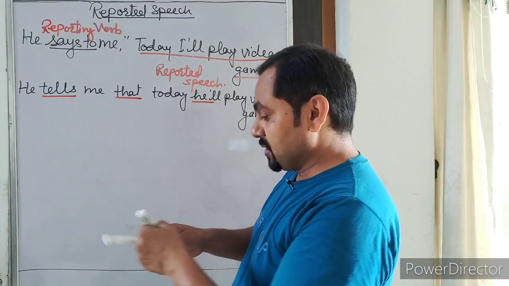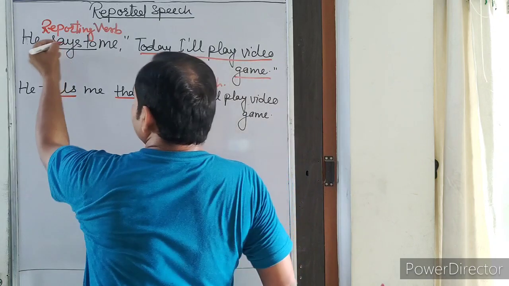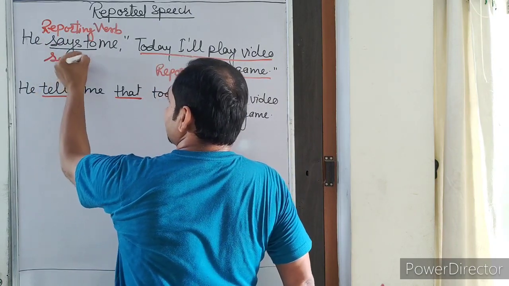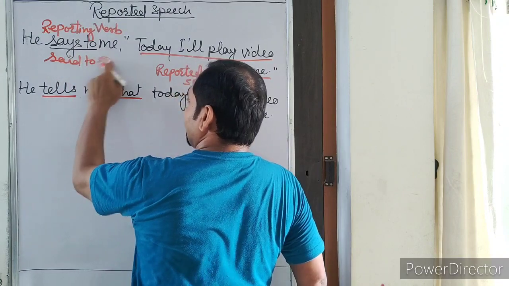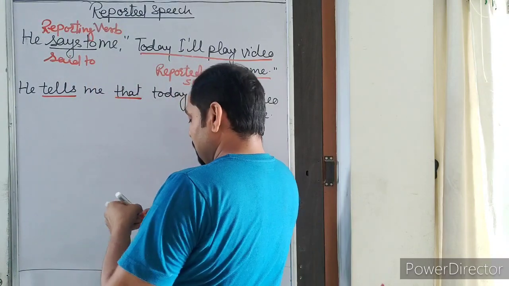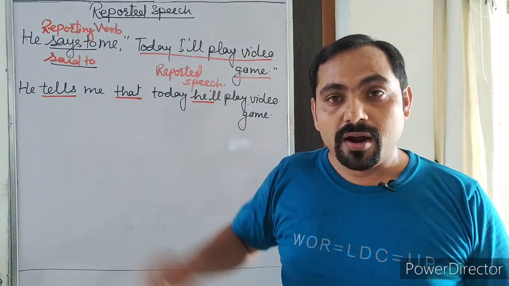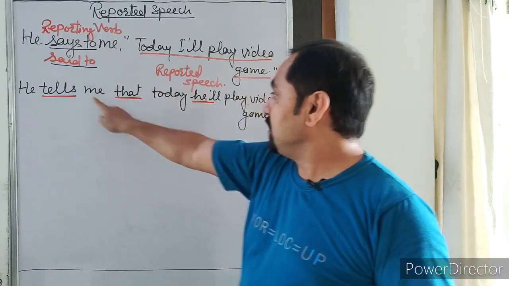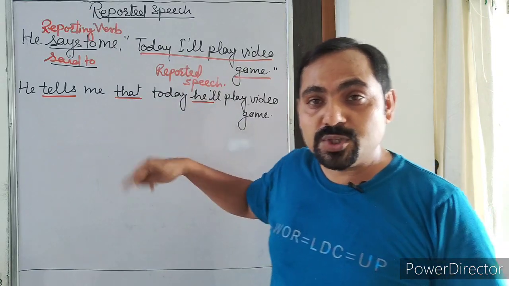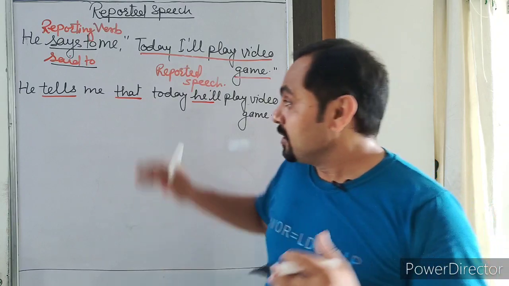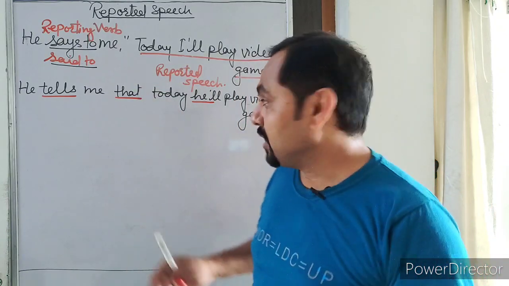Just for example, if we say here, he said to me, right? We have changed this reporting verb. Earlier it was in present tense, then the answer is this, and if we change it to past tense, then let us see what changes occur here.